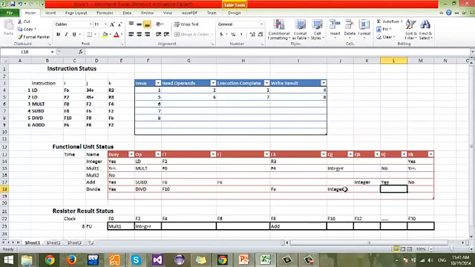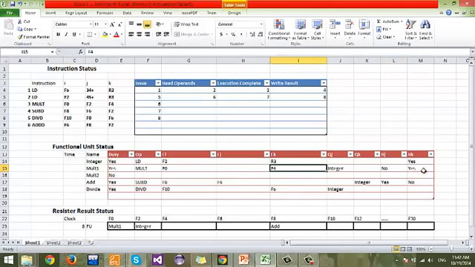Rj, is it ready? Oh, I had some mistake. Here QJ is available. Rj here is... FJ not available.